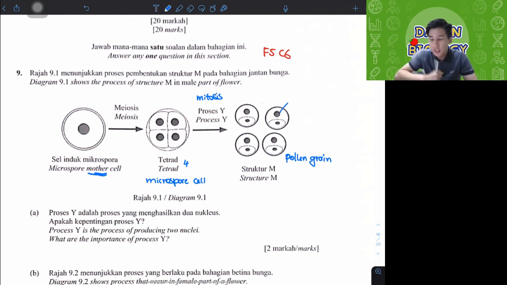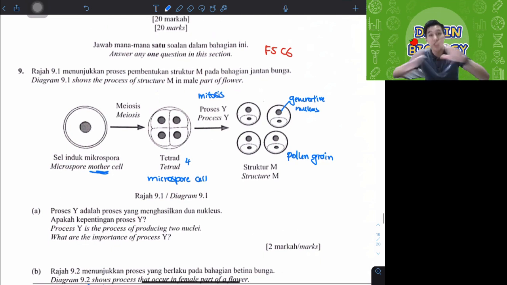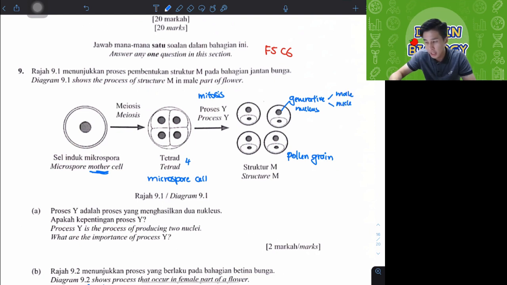The smaller one is called the generative nucleus, which will eventually undergo mitosis later. When double fertilization occurs, it will become another 2, which are called the male nuclei. Both of them are called the male nuclei. That's why in plants it is called double fertilization: there are 2 male gametes fertilizing 2 female cells.